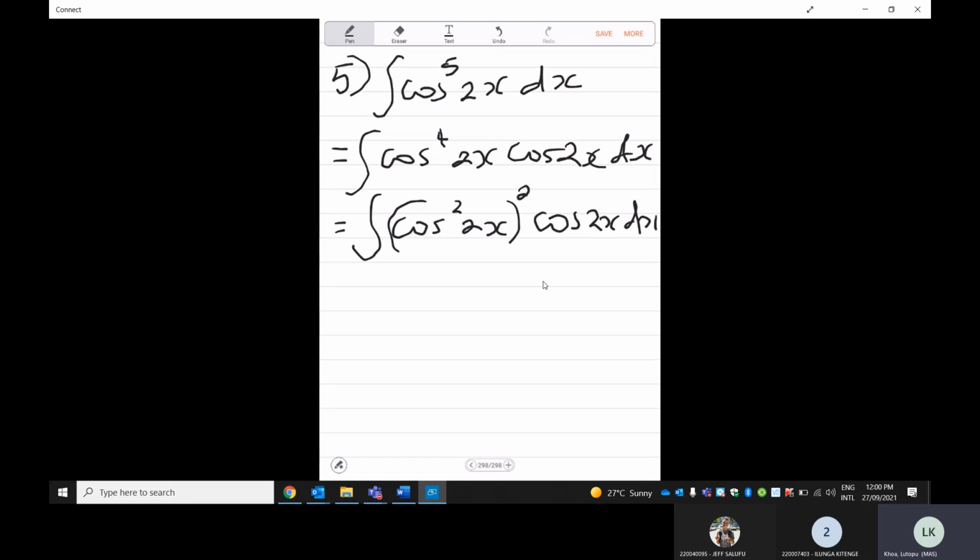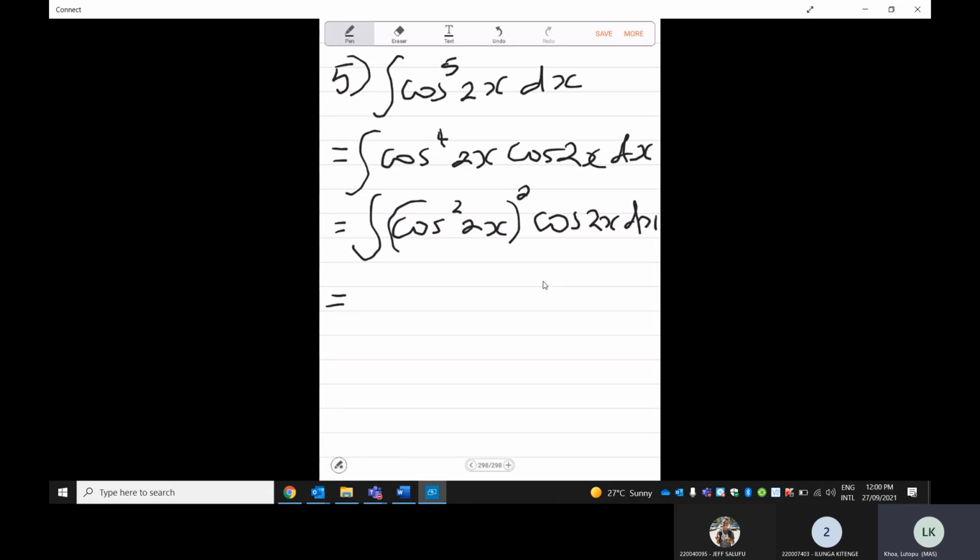So here I'm not going to break it down to the double angle identities because that will change this value over here, and when I multiply them, you won't have the derivative of the other one. So it's best to rewrite this as 1 minus sine squared, so that when I multiply, I have sine times cos, and then I can use substitution.